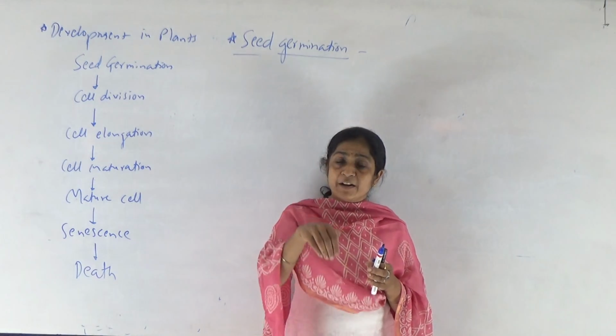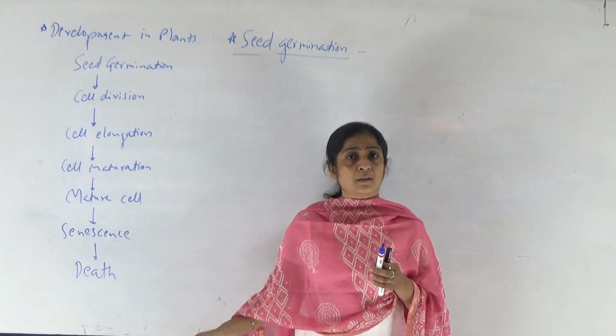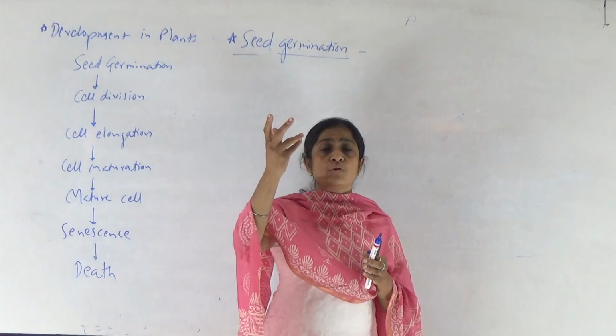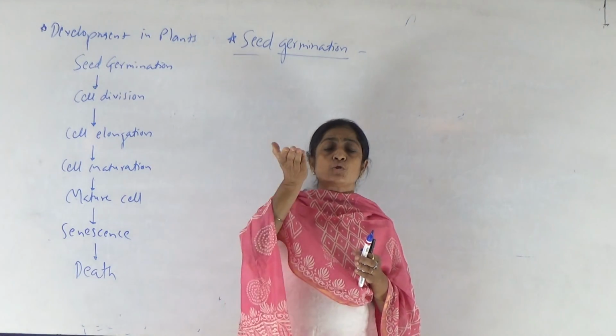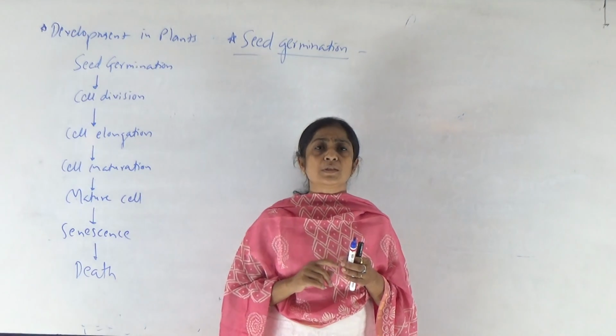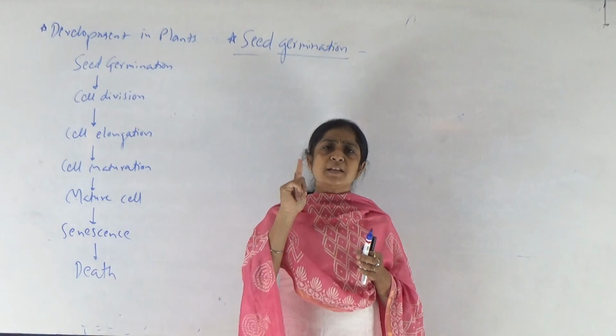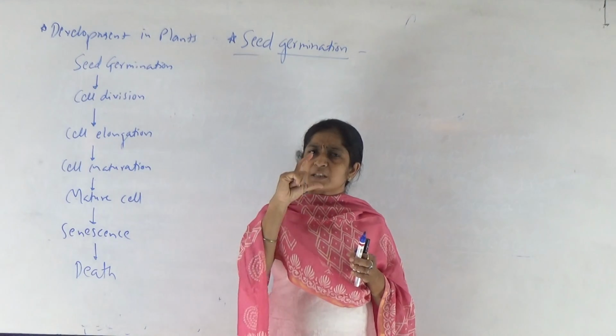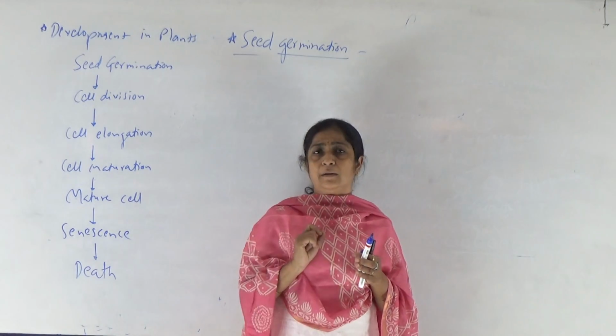Radicle then penetrate into the soil, and develops into root system, and then plumule protrudes outside above the soil and develops into shoot system. And together in initial phase, this seed germinates to form a small seedling or a small plantlet, right?